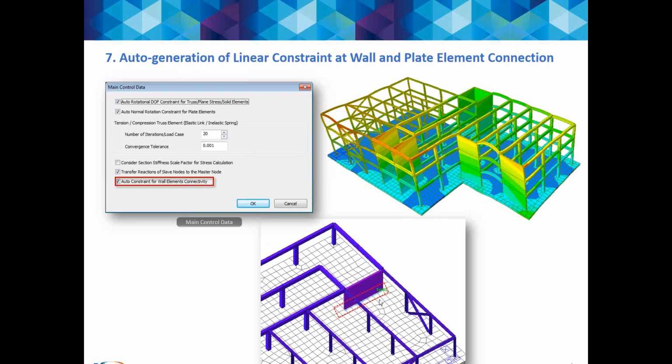So if there are any nodes on the same line of the wall elements, the program internally enters the linear constraint function, and then they will be rigidly connected and their behavior will be continuous. So under the analysis main control, you can simply check on this option for considering this connectivity.